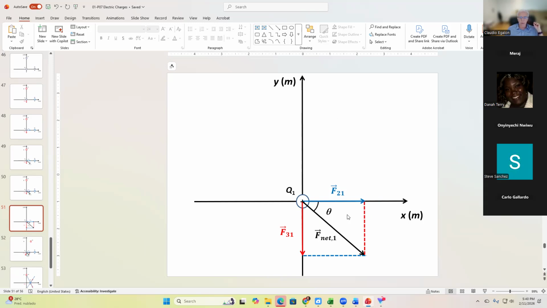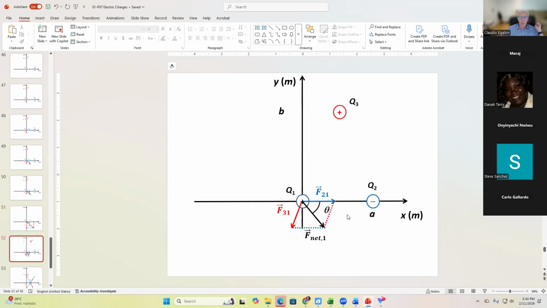Instead of the charges located on the x and y axis, we can displace charge number 3, for instance, a little bit to the right. Make sense? Now the force of 3 on 1 is going to be at an angle slightly off, right? That's something you can do just by drawing.